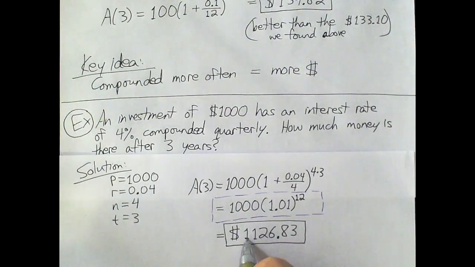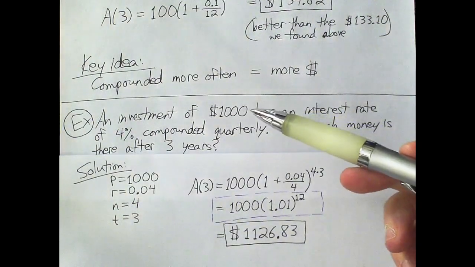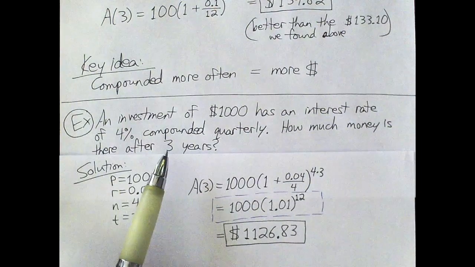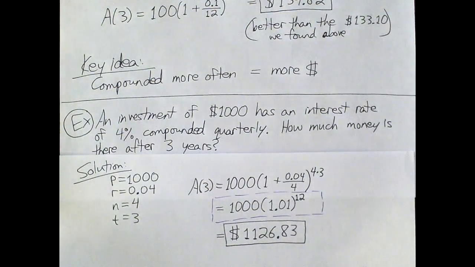I do a quick reality check. I say, does that make sense? We started with $1,000, normal looking interest rate, and 3 years has passed. I expect the amount to go up a little bit from the starting amount. So yeah, I think that that makes sense.